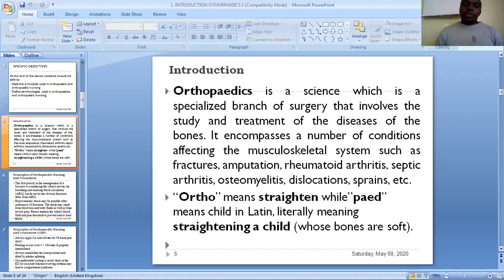So they thought of putting those bones in order, because mostly in the old days it was done in children. For example, let's say some child is born with maybe rickets, then they want to put the bones the way they're supposed to be, meaning they have to straighten the bones. Because they used to straighten the bones in children, they ended up calling that branch of surgery orthopedics.